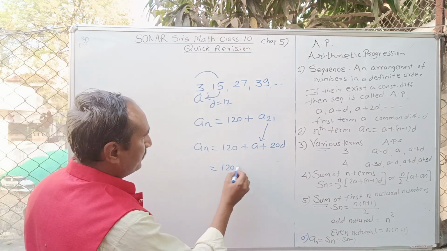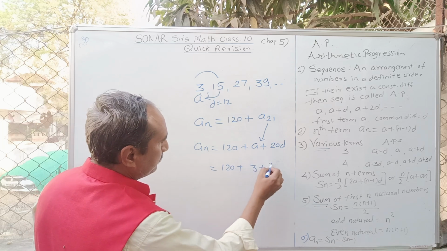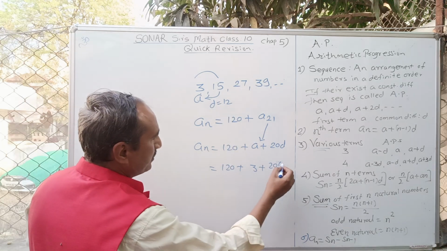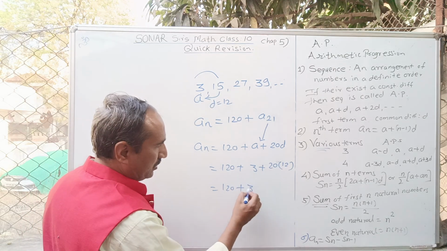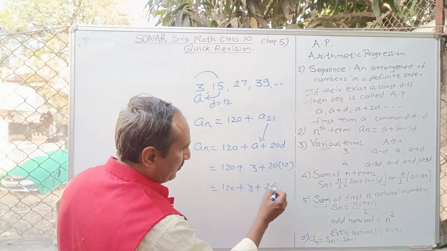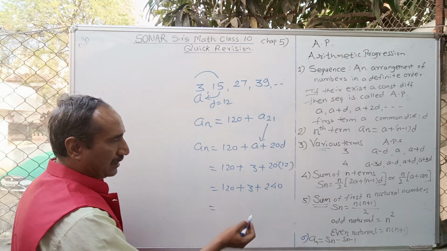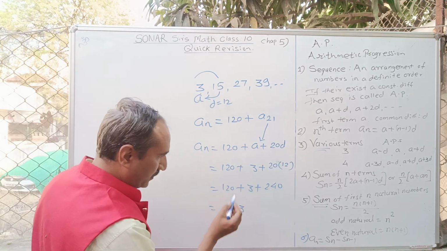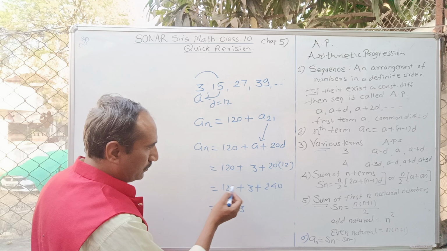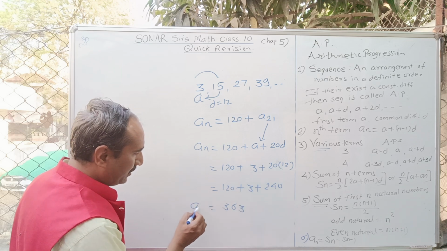Just put the values here: 20 into the difference 12. So 120 plus this 3 plus 12 twos are 24, that is 240. Let's add 0, 3, 0, that is 3; 4 plus 2 is 6, and 2 plus 1 is 3, so 363.